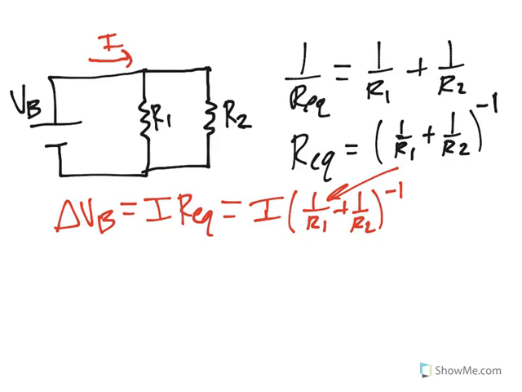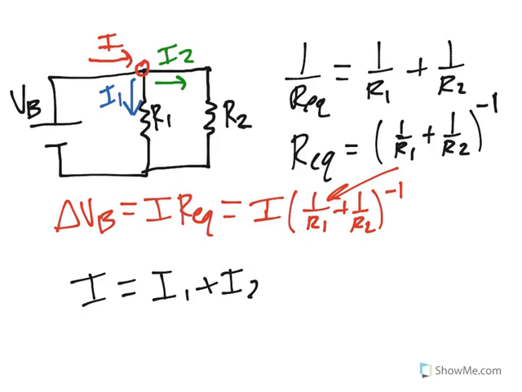Now what's interesting is, when I get to this point right here, the current has two options. It can either go this way, or it can go this way. So what happens is I get two different currents, I1 and I2. Now a rule that we have to follow is my total current is equal to the sum of these two currents.